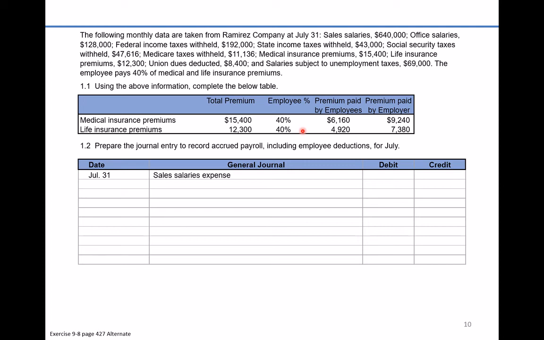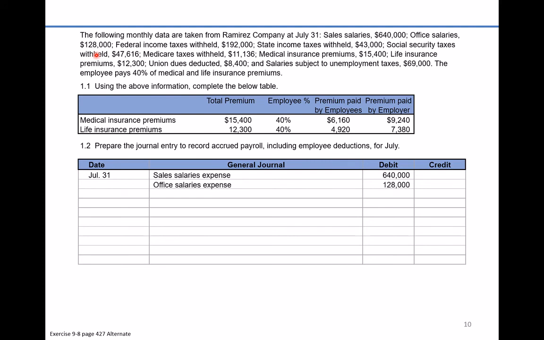Whatever the method is, that entire amount is a direct expense of the employer. So expenses for the employer get debited. We're going to debit sales salaries expense for $640,000. The office salaries were $128,000. That's also a direct office salary expense.